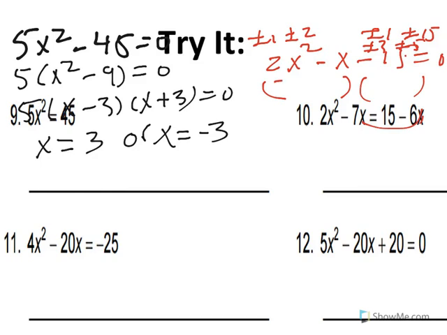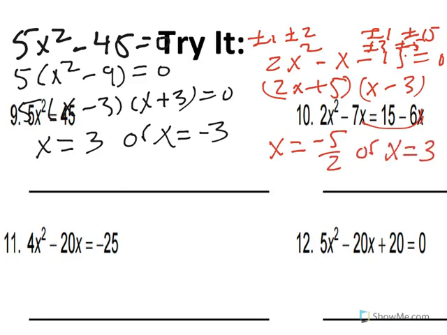So let's try 2x and an x. We need a negative 1 in the middle, so let's try a negative 3 and a positive 5. So our answer will be x equal to negative 5 over 2 or x equal to a positive 3.